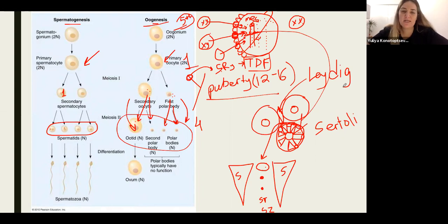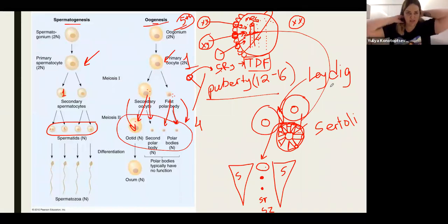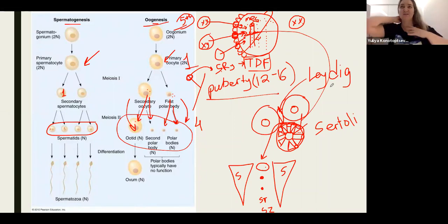Leydig cell is the first one to appear between the seminiferous tubules. What is the job of the Leydig cells? Leydig cells secrete testosterone. We have a bunch of Leydig cells in the embryo, and they're actively secreting testosterone.